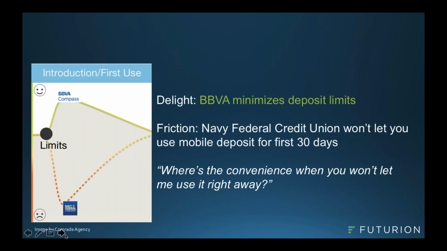So the first area, BBVA minimizes deposit limits. And Navy Federal Credit Union doesn't let you use mobile deposit for the first 30 days with any kind of workable limit, especially for someone like myself that has a lot of financial accounts. People are going to be looking for the bank branches, and in the case of Navy, one of the best online leaders, this could create struggles if they don't have the bank branch network.